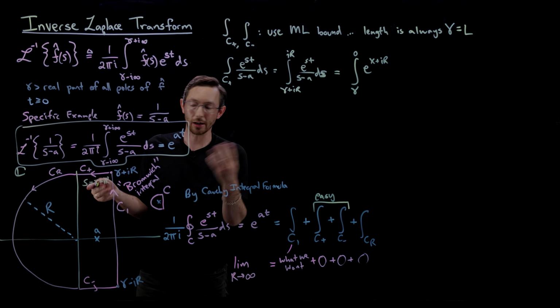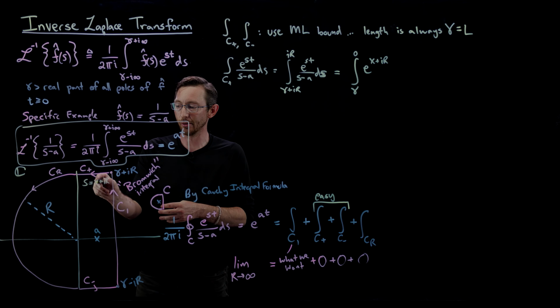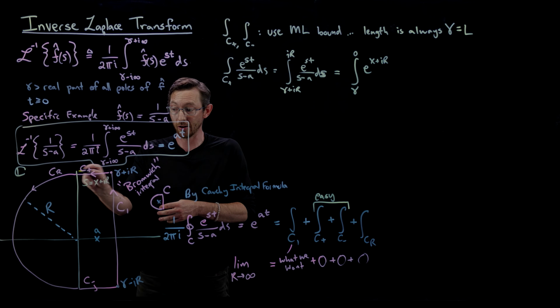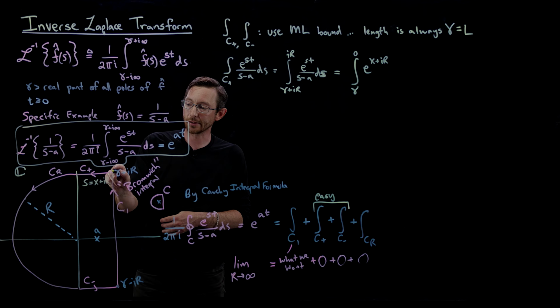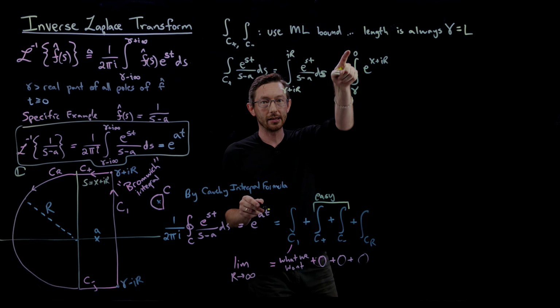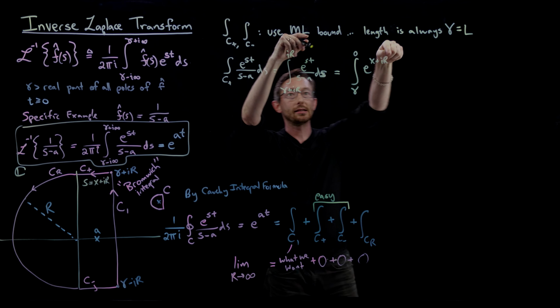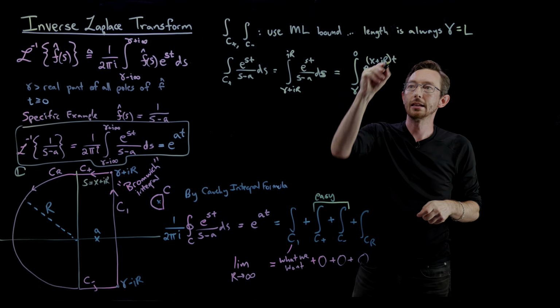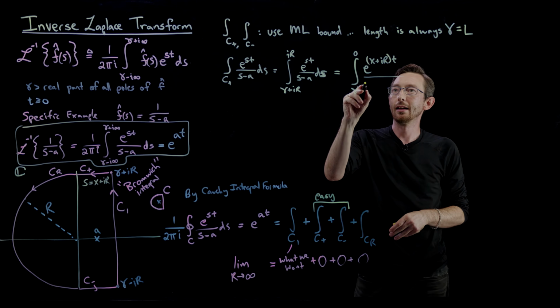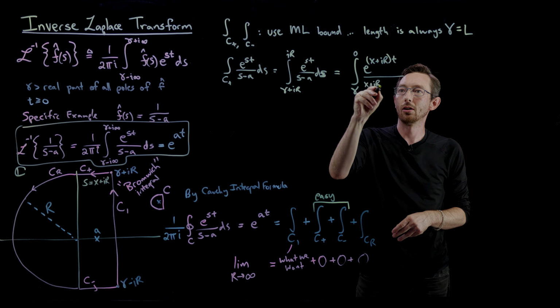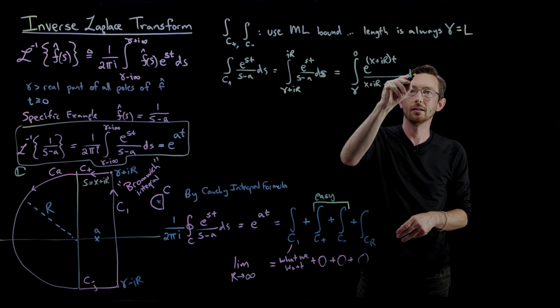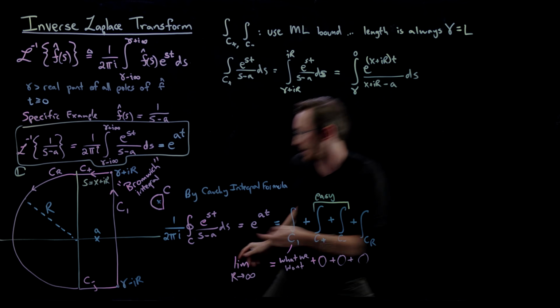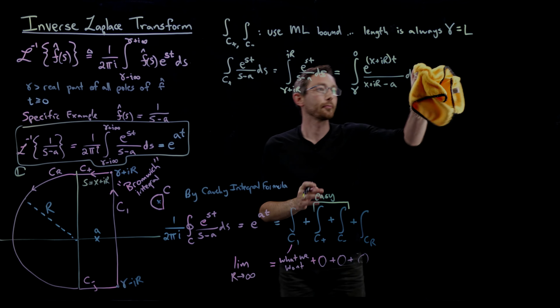That's pretty straightforward. On this little segment, my complex variable is x plus IR. The imaginary part's always held constant at IR, and x varies from gamma to 0. So I'm integrating from gamma to 0 of e to the x plus IR t divided by x plus IR minus a, dx now, not ds, dx.